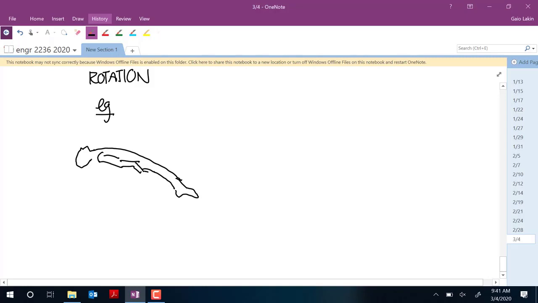Here's one way: if someone does a double backflip like this, they get a lot of points for that because it's really hard. Or someone could do a double backflip this way. Well, it's also very hard, but they get a lot fewer points for it because it's not nearly as hard as this.